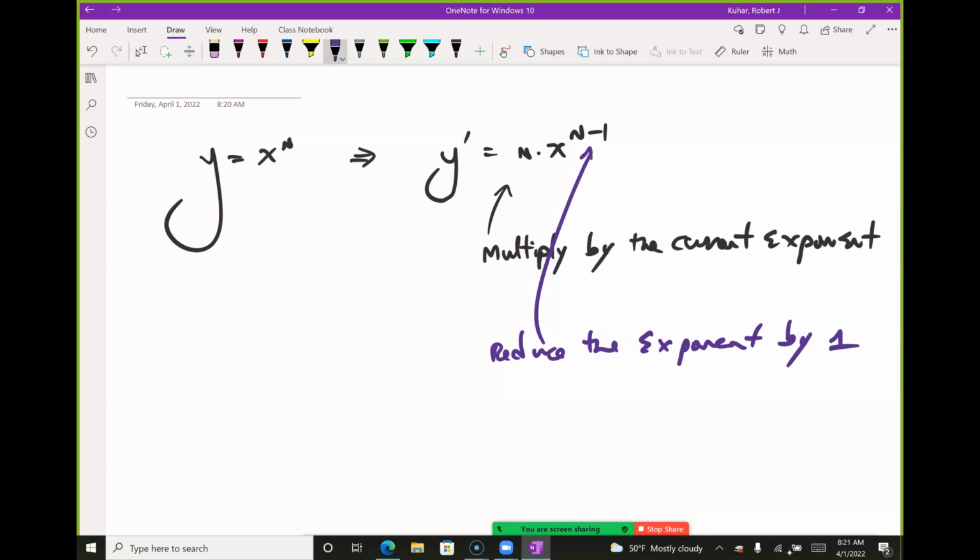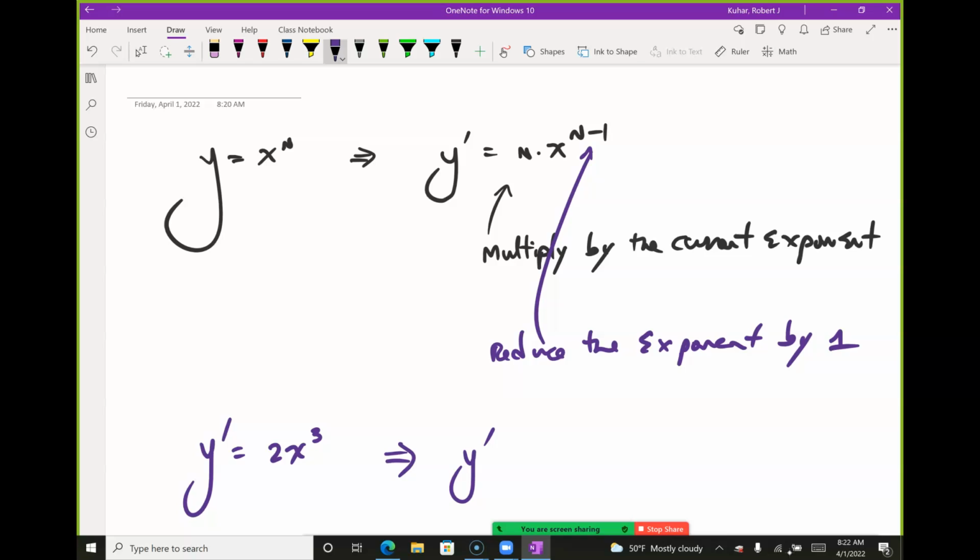So if I'm going in reverse, for example, y prime is 2x cubed. What am I going to do? I'm not going to start with the coefficient, I'm going to end with the coefficient. And I'm not going to multiply, I'm going to divide, because I multiplied to get the coefficient in my derivative first.